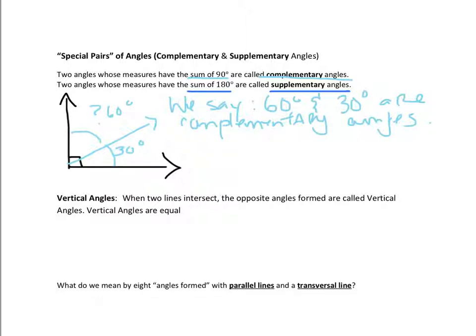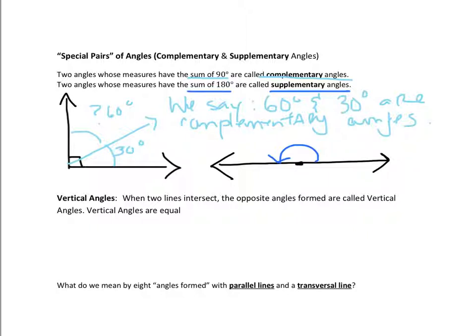Similarly, here we have a straight angle, right? If I draw a vertex there, this is the initial side, and it opens up all the way to this side. So it adds up to 180.